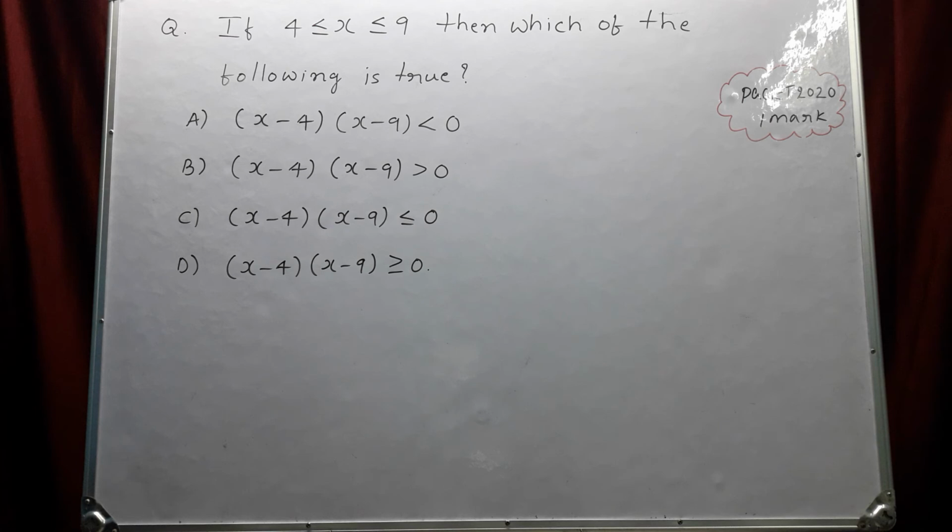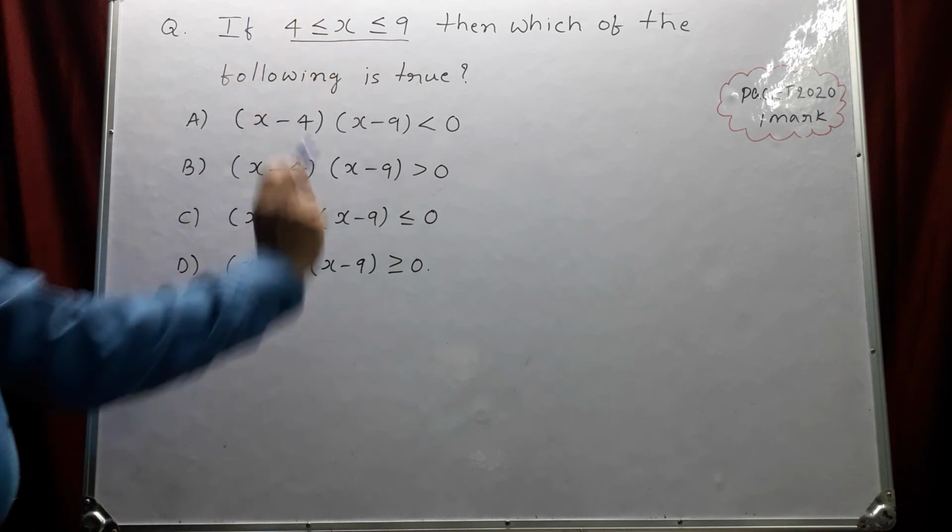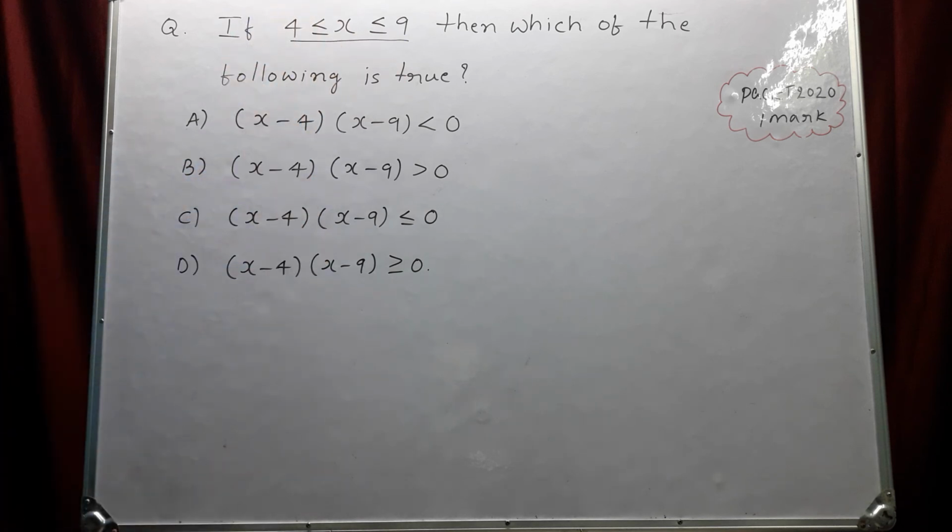Third option, (x minus 4) into (x minus 9) less than or equal to 0. Fourth option, (x minus 4) into (x minus 9) greater than or equal to 0. So this is a 1 mark question. Very simple question. Here x can take values from 4 to 9, including 4 and 9.